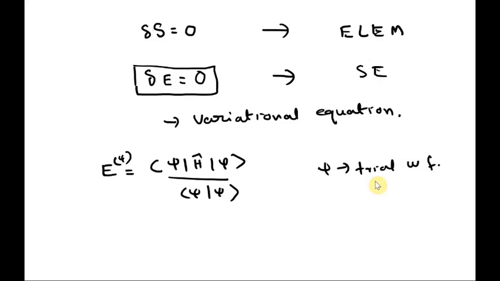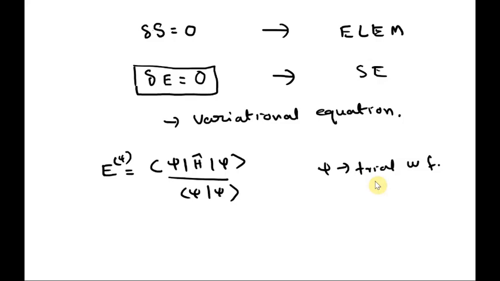The trial wave function is not the original wave function, and it must have some adjustable parameter, which we will fine tune in such a way that it produces this kind of condition.